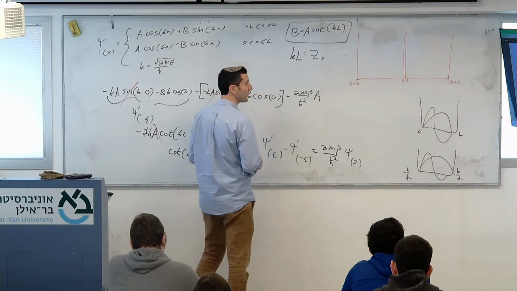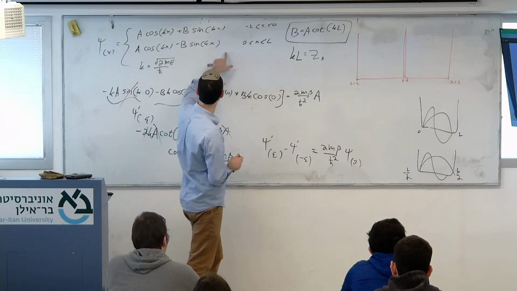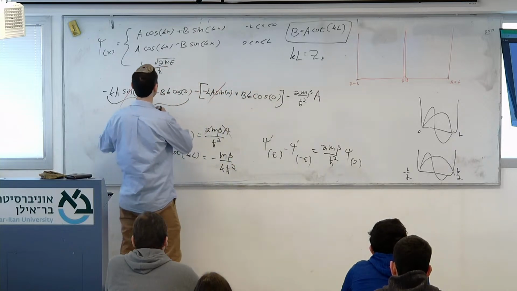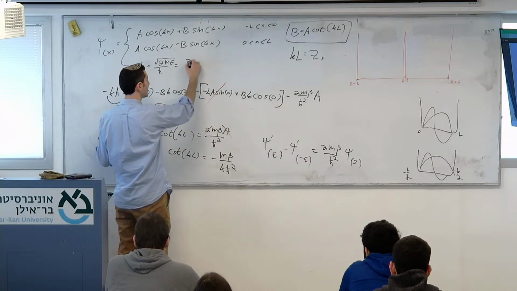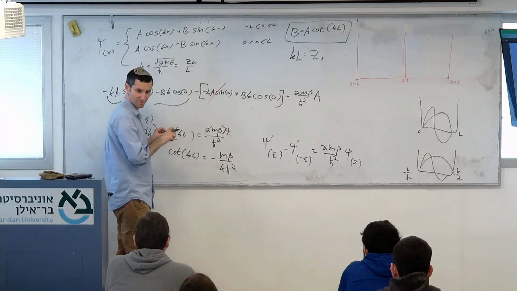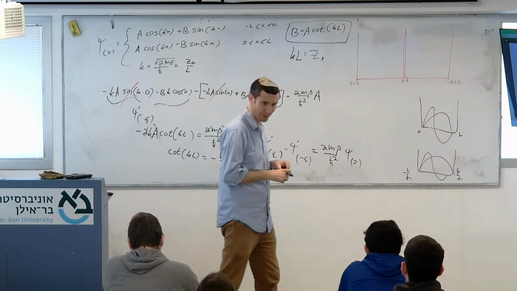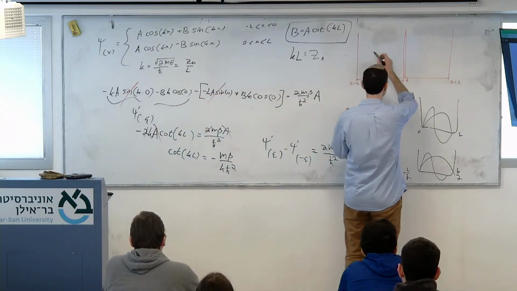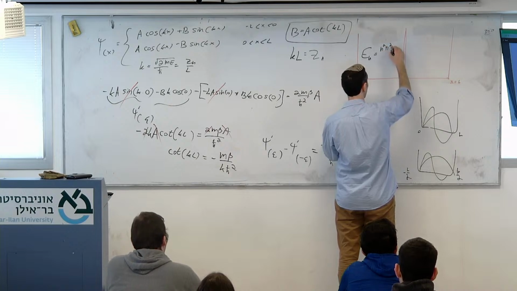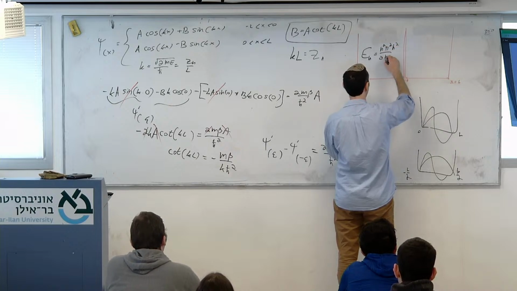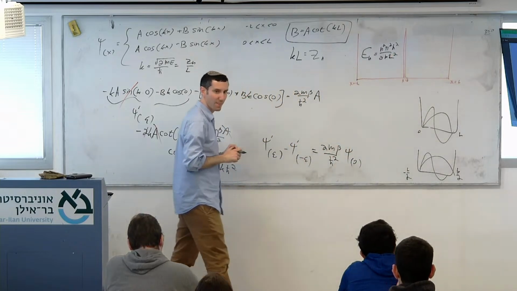So my answers at the end are, what is the relation between K and E? Oh, I had it here. So instead of K, I can write Zn over L. What's my goal now? I want to go back to the energies of an infinite potential well. In an infinite potential well, I had En equal to n squared pi squared h bar squared over 2m, but in this case it's 8L squared.